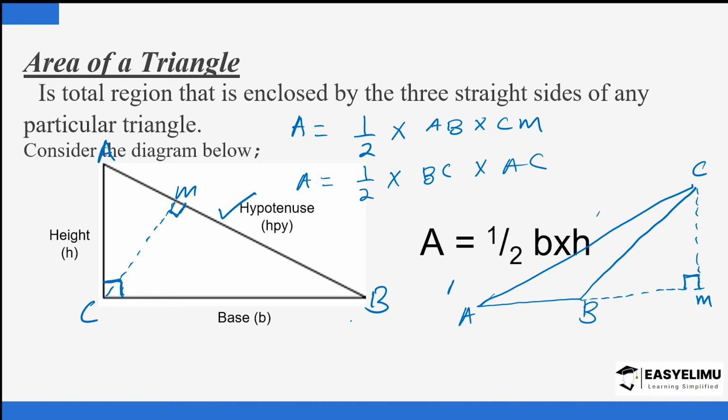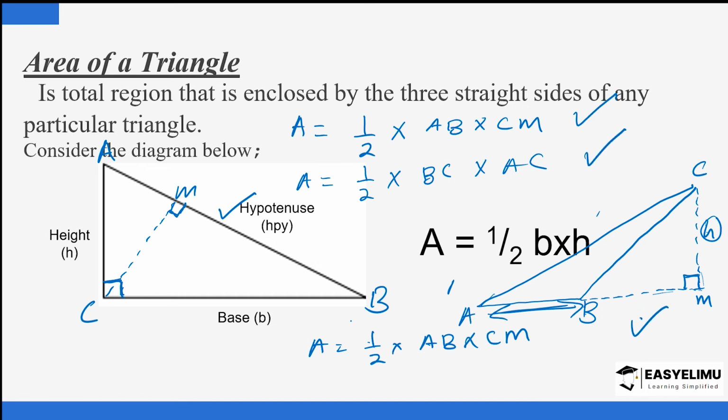See where the M is. So the area will be given by a half times AB, and then you multiply by CM. You see now in that case the height is outside. So you just extend this, then you use the height here. This becomes your height, but the base is still this length here. So those are the three cases, the first one, the second one, and of course the last one here. We are going to look at the three of them as we continue.